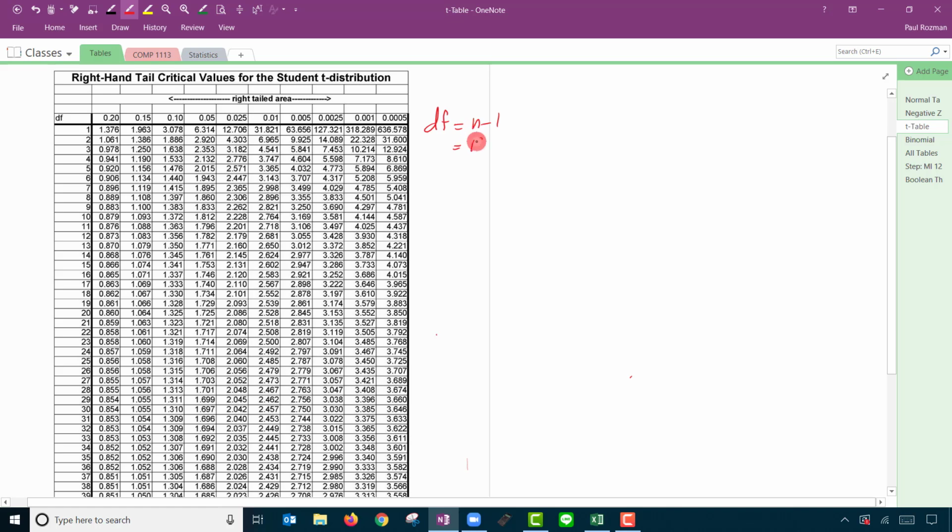So we had 13 minus 1. So we're going to be in row 12. And the area in the right tail, the t alpha over 2 on the right side, we're looking for an area of 0.025, which is this column of the table.